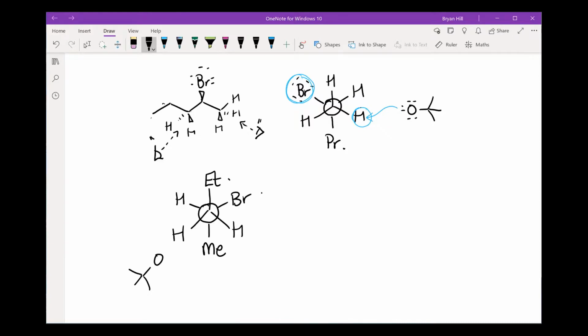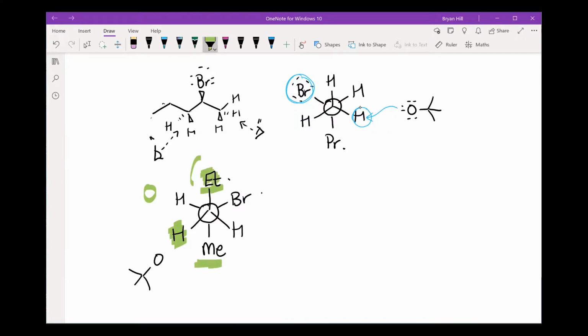so this is the proton here, which has to be removed. And now we've got a methyl group over here and an ethyl group over here. So if it tries to come from up here, this ethyl group is getting in the way, and then you've got the methyl group getting in the way. So it destabilizes that transition state because there's too many large groups around it to get in the way, in particular the ethyl group.